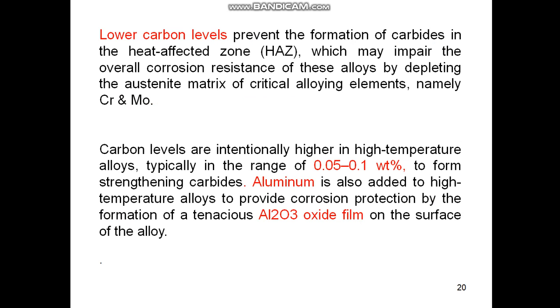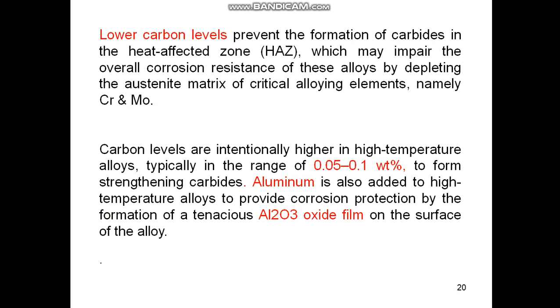Low carbon levels prevent the formation of carbides in the heat affected zone, which may impair the overall corrosion resistance of these alloys by depleting the austenitic matrix of critical alloying elements like chromium and molybdenum. Because the lower the carbon, the lower the issues of sensitization.